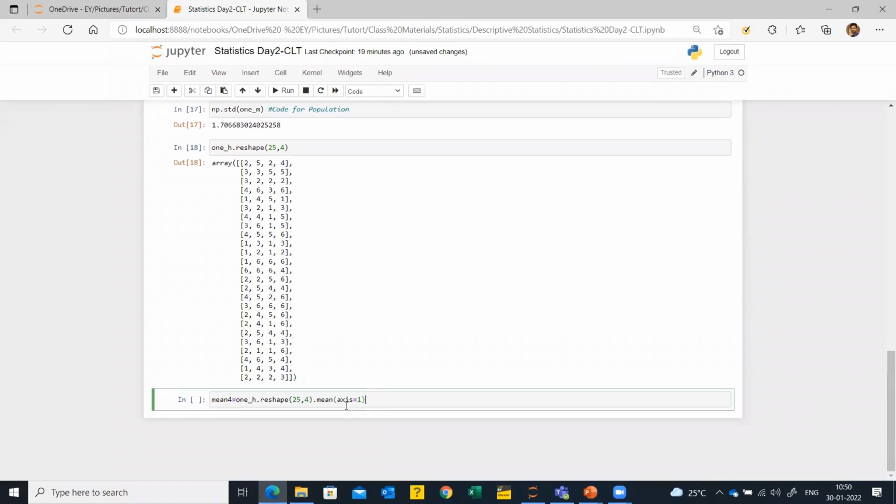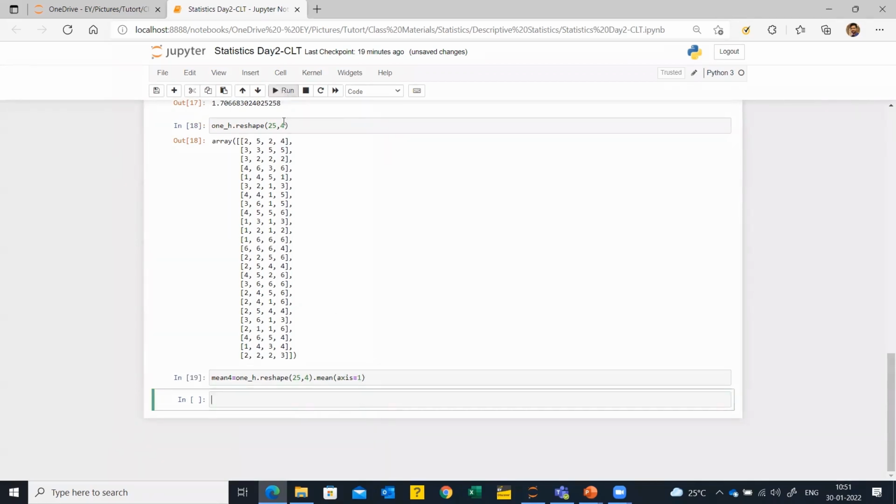So now what I have done is I have created the mean for each of these line items. I have done a reshape, 24 comma 4, which is 100 items over here, and then mean with axis equals to 1. When I say axis equals to 1, it's actually taking this operation by row. Once I hit mean and print it, you get the mean.